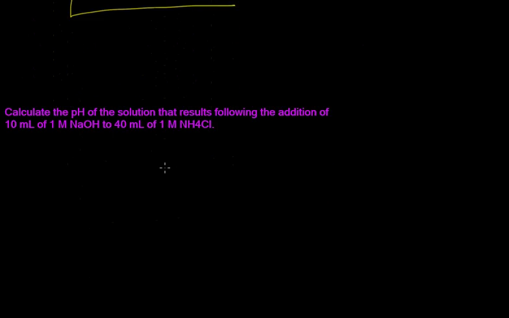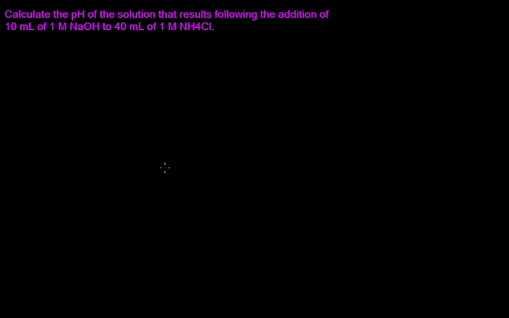Okay, so let's get into actually working some problems. Calculate the pH of a solution that results following the addition of 10 mL of 1 molar sodium hydroxide to 40 mL of 1 molar NH4Cl, so ammonium chloride.